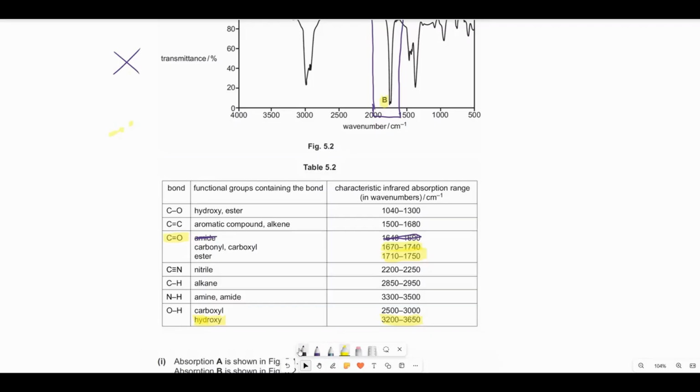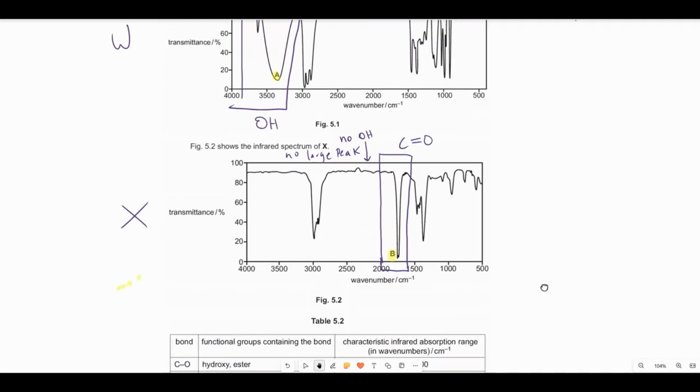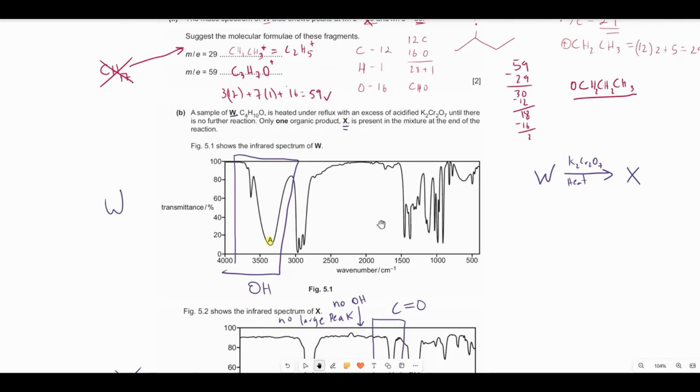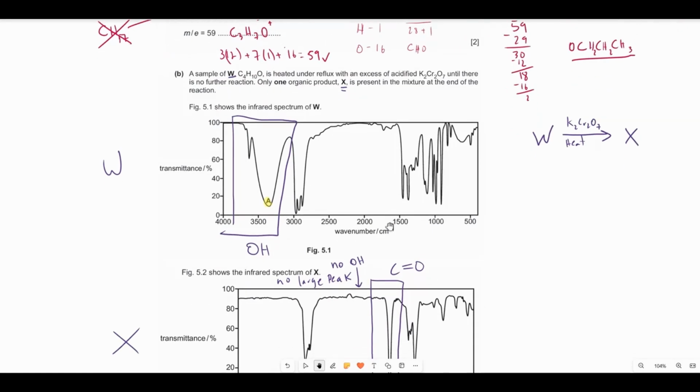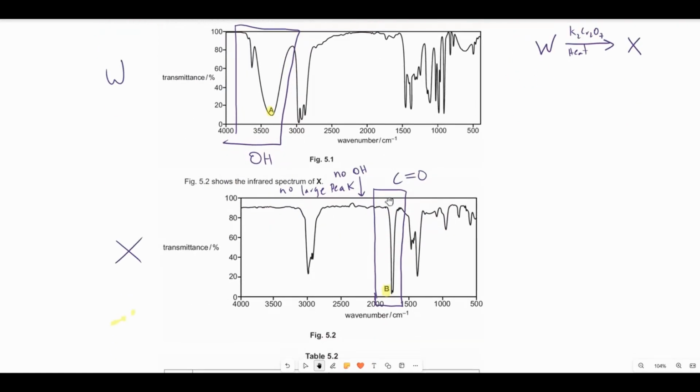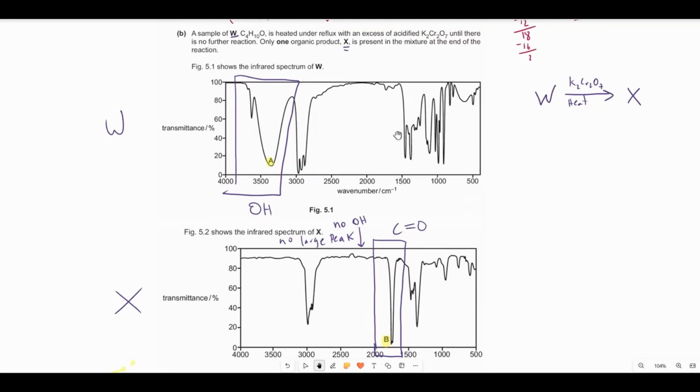Not necessarily, because remember, these are a bit of a suggestion. They could be higher or lower than that. But what does tell us that this is not a carboxylic acid is that there's no 1700 peak. Because there's no deep, narrow peak here at 1700 in this one, we know this doesn't have to have a carbonyl.